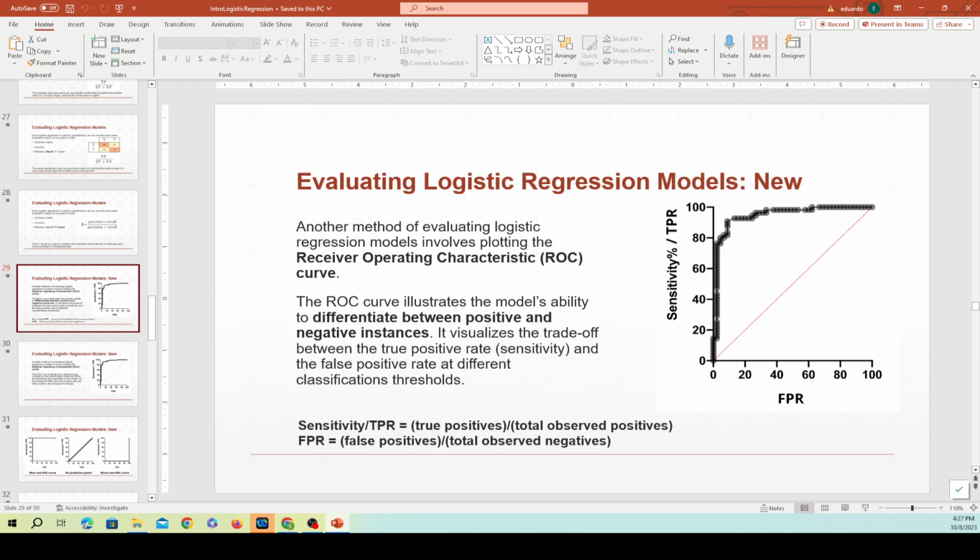So we're making a comparison of the sensitivity, in other words the probability of getting it right, the true positives divided by the total observed positives, against the false positives divided by the total observed negatives. If we compare those values, we have a way to tell how good our prediction was.